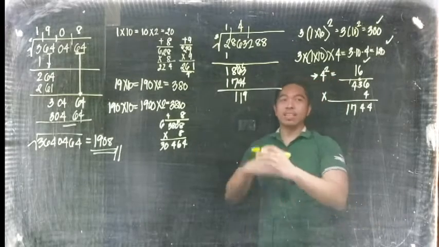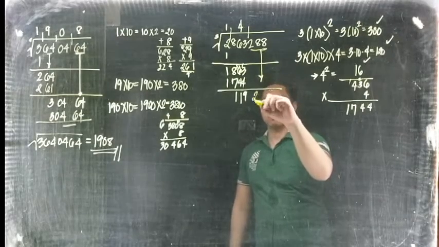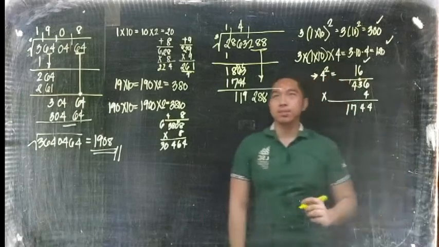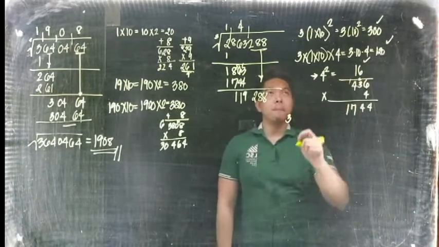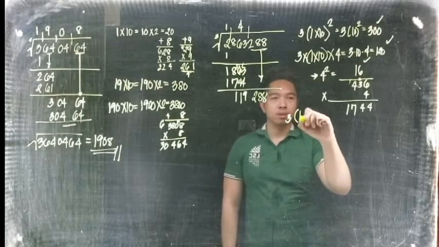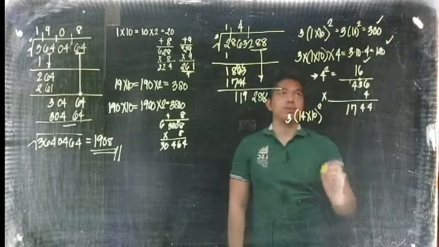So just like what we did kanina, we bring down the whole group. So what's the next step that we're going to take? Okay, so ganun ulit. So 3, but instead of 1, anong i-multiply natin? That would be 14 times 10, okay, quantity squared. Okay.